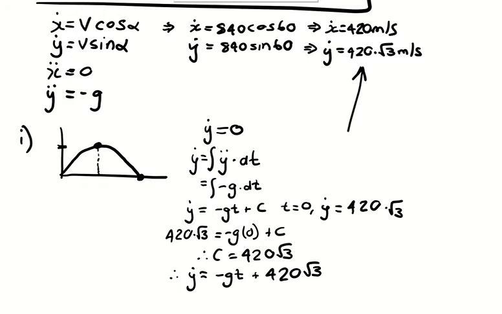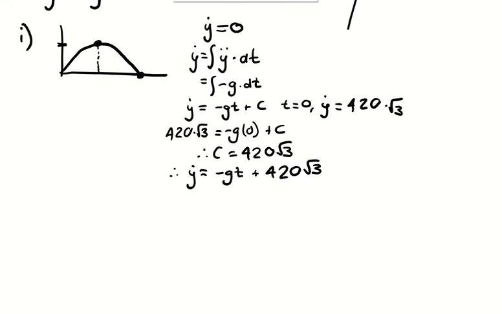Okay, now I've got an equation for y dot, and I'll just mention that I'm taking, because it hasn't mentioned it itself, g equals 10, which you can do. So more simplified now, I have negative 10t plus 420 root 3. And I think to myself, okay, what am I doing again? That's right, I'm solving my derivative equal to 0.